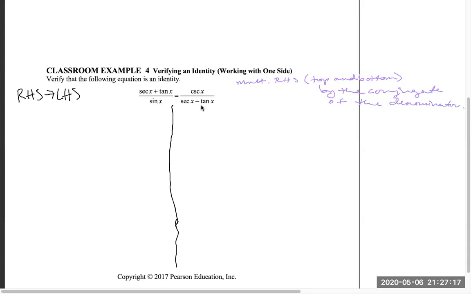Okay, so the conjugate of secant x minus tangent x is actually going to be secant x plus tangent x.